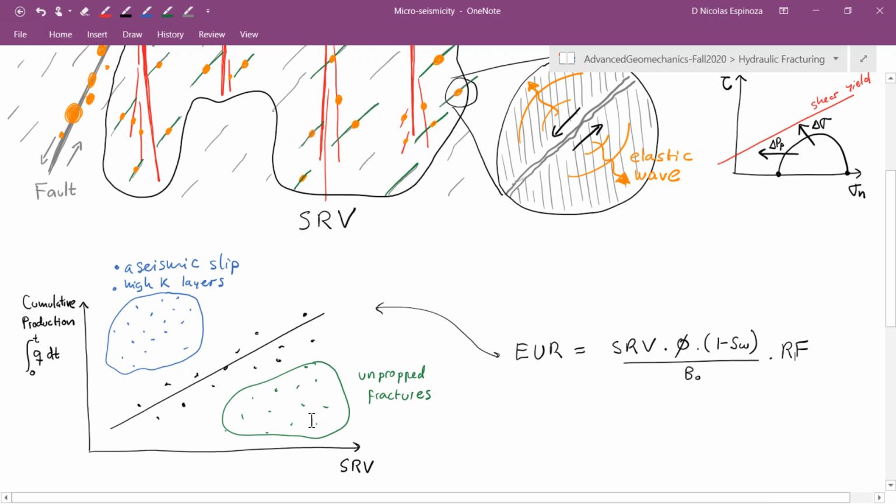And that might be the case in which you see a gigantic cloud of microseismic emission, but not much production after all, even if you have a considerable hydrocarbon saturation. And the reason for that could be that you have unpropped fractures.